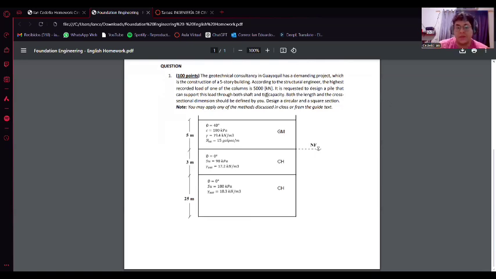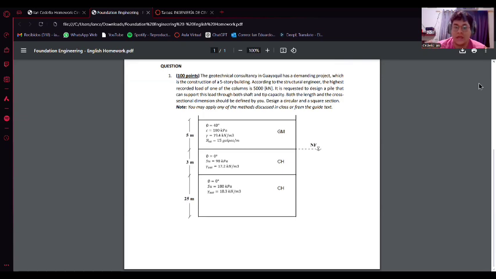Well, the topic is: a consultation in Guayaquil has a project which is the construction of five-story buildings. According to the structural engineer, the highest recorded load on the columns is 5,000 kilonewtons.